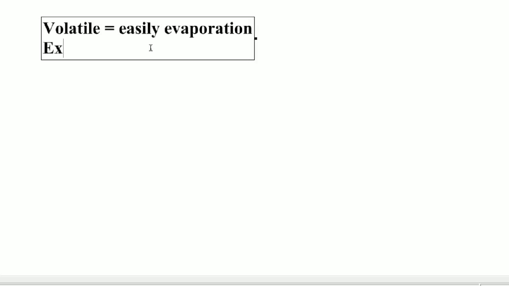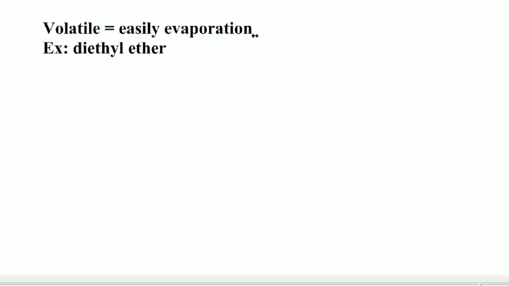For example, diethyl ether is a volatile solvent. It is easily evaporated at room temperature only. It is highly volatile in nature, easily evaporated even at room temperature. So students, substances that easily evaporate at normal temperatures are known as volatile.